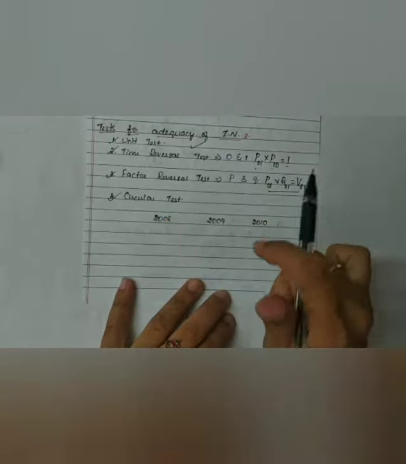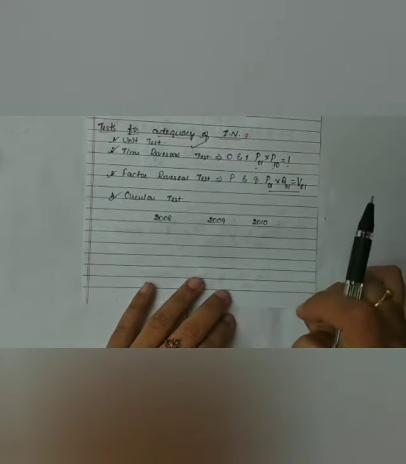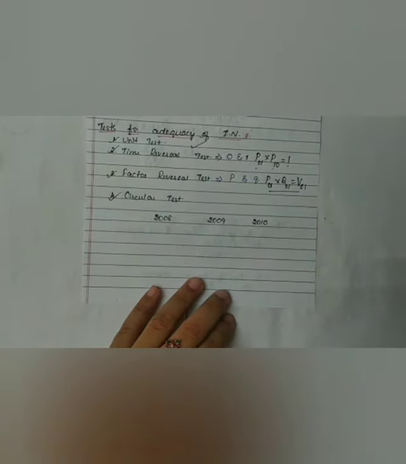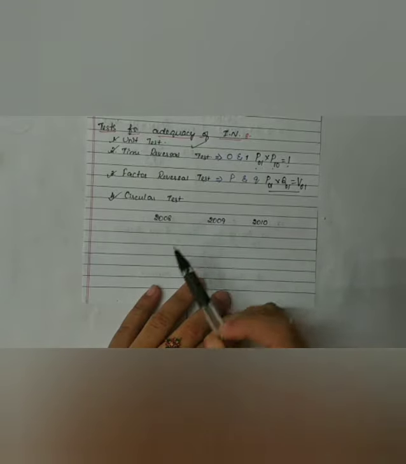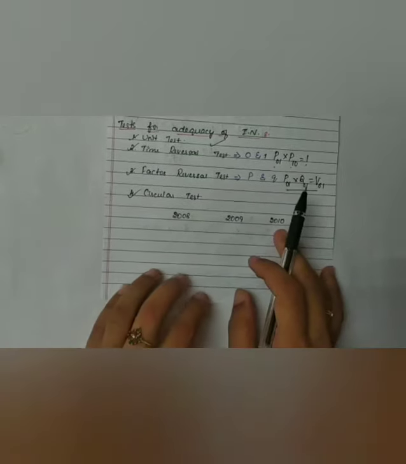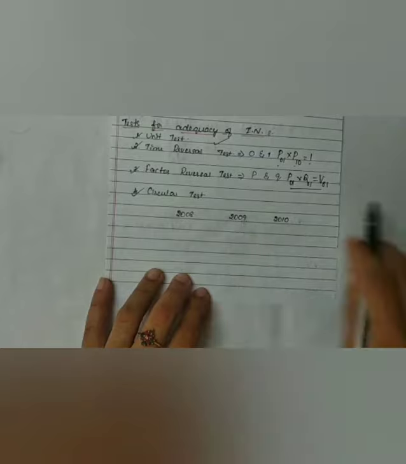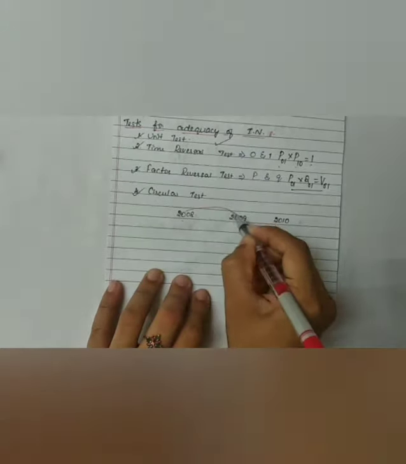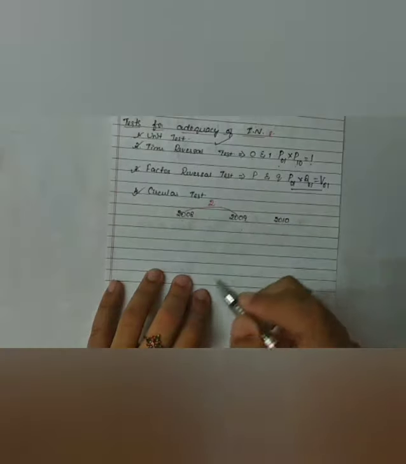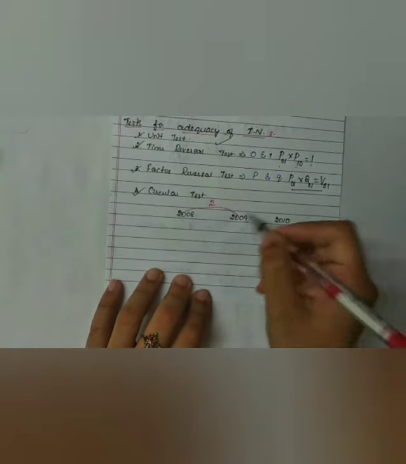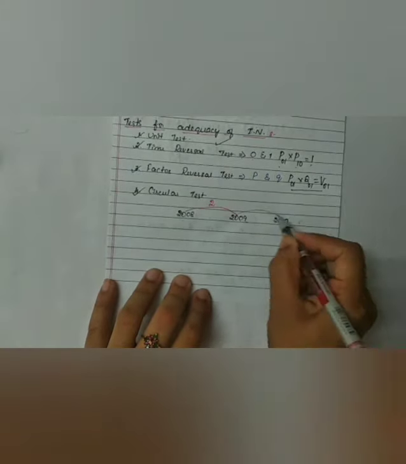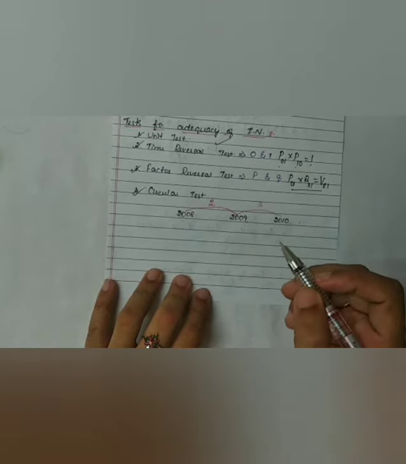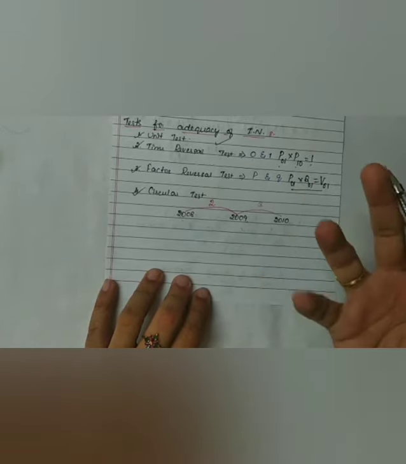Okay, and the last one is circular test. Here circular test means, say for example 3 years are given, 2008, 9 and 10. So from 2008 to 9, say for example rate is doubled, and from 2009 to 10 rate is increased by 3 times.